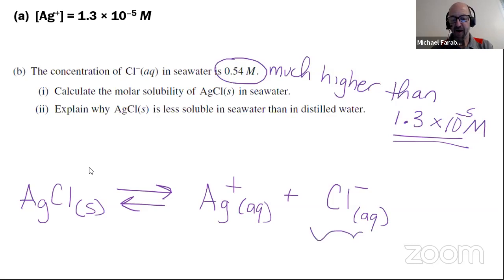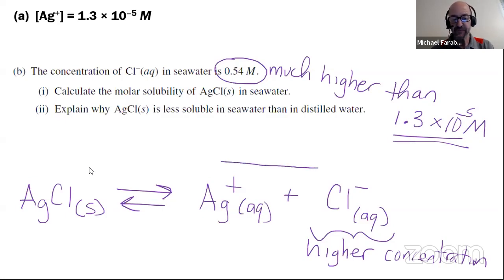So if we have a much higher concentration of chloride present in seawater, and now we try to dissolve some silver chloride in this seawater, Le Chatelier's principle says that when you have an extra amount of product added, then the equilibrium position will shift in the direction of the left toward the reactants.